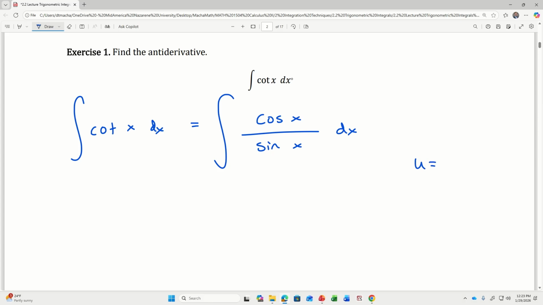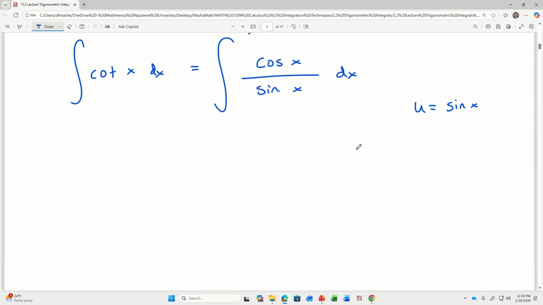What do I set u equal to? Sine of x. And since you've already seen the tangent version, I'm not going to spoil the ending to this one. I'll let you work on that on your own time.